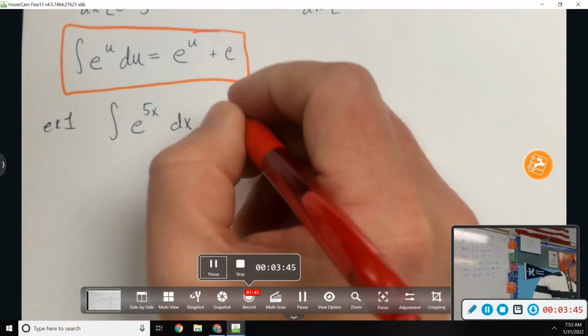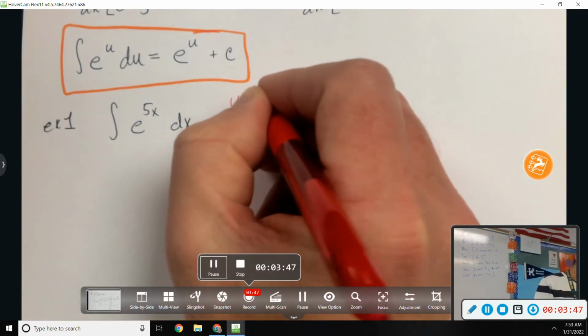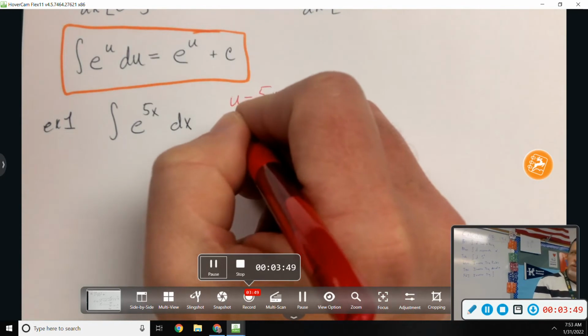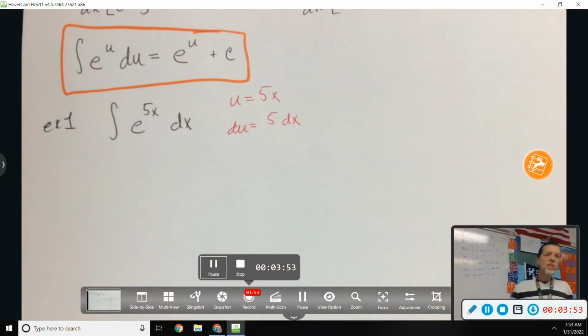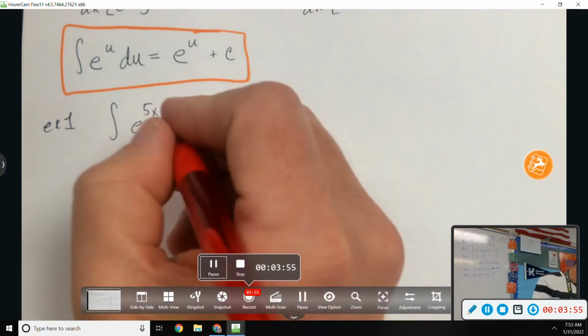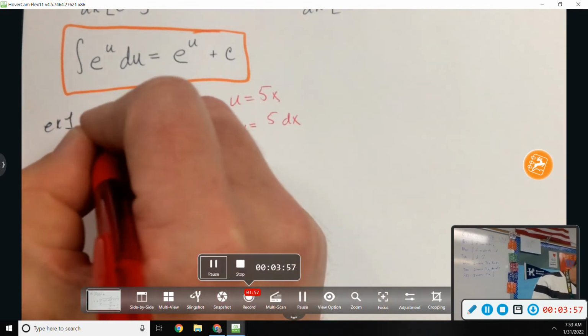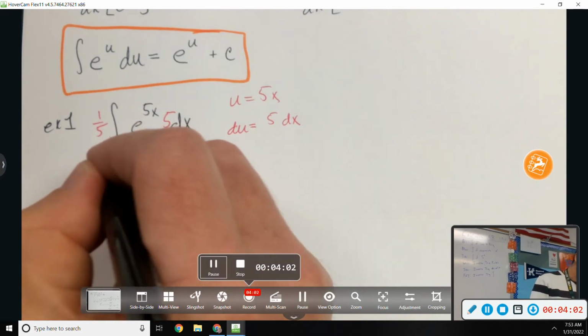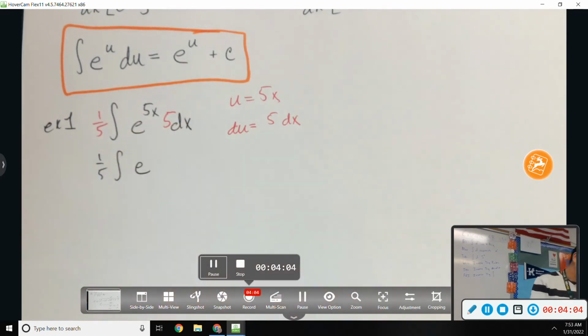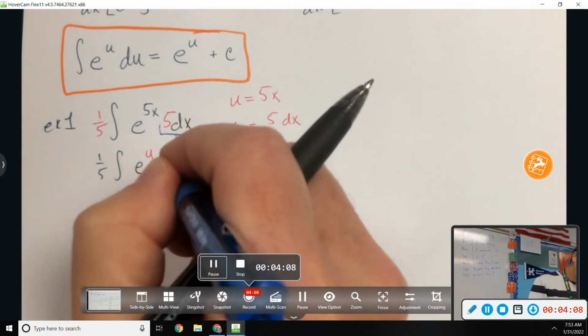U substitution. So if we don't like the 5x, we can replace the 5x with u. So I need a 5 and a 1/5. So 1/5 antiderivative of e to the u du.